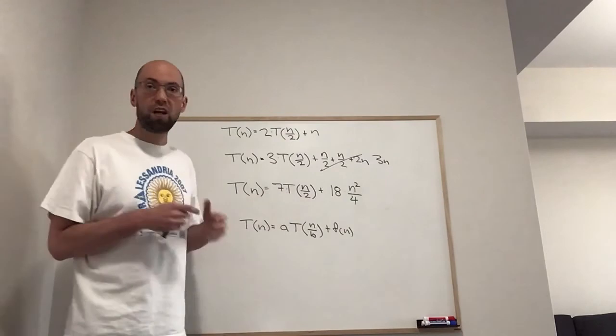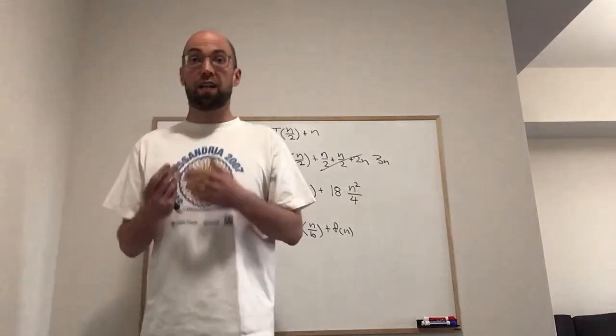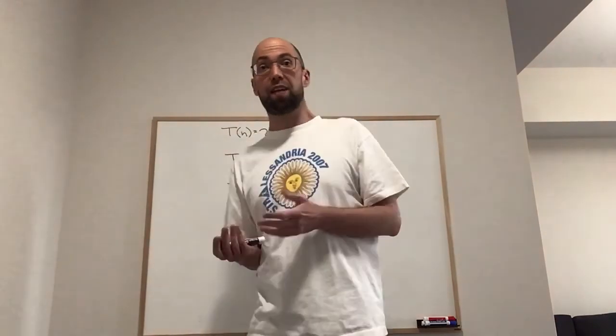So it depends on how a relates to b and how a and b relate to f of n. It depends which case this falls into. If the cutting and gluing is really expensive, and the things split up into really small subproblems, then that one step is going to dominate.